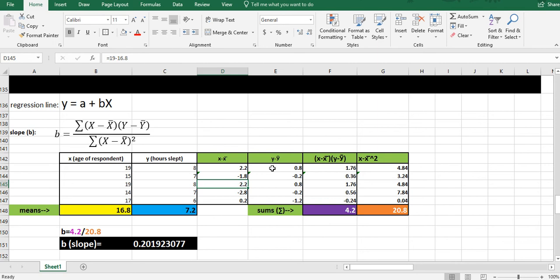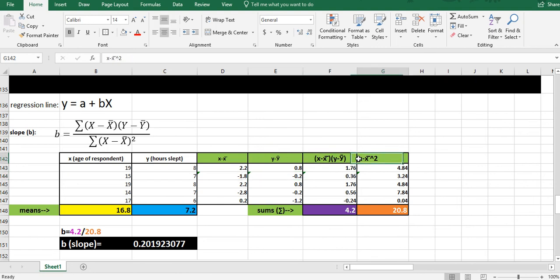And then for each y value, subtract its mean as well. So we're going to do, for example, 8 minus 7.2. 8 minus 7.2 equals 0.8, and so on for each y value.